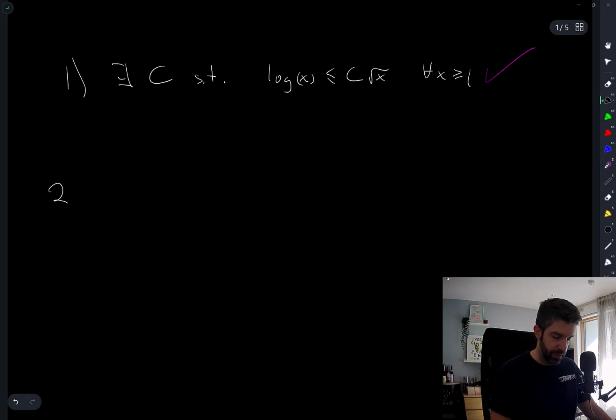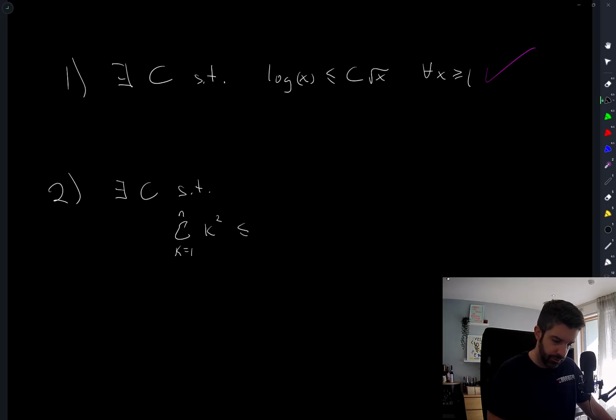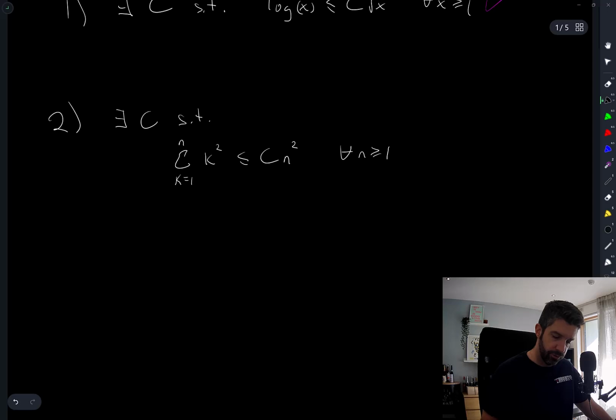Okay, the second statement: there exists c such that the sum from 1 to n of k squared is less than or equal to c n squared for all n greater than or equal to 1. So this is false.